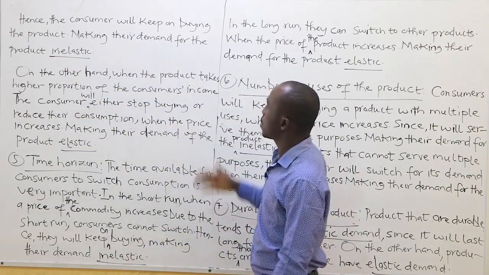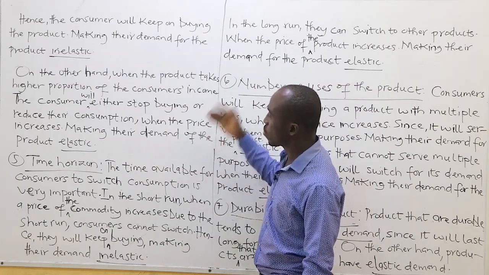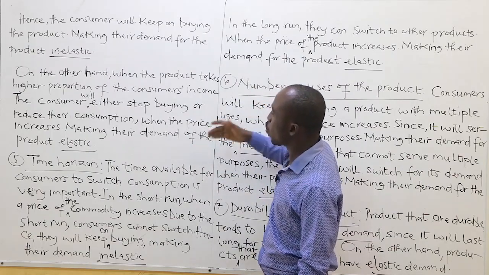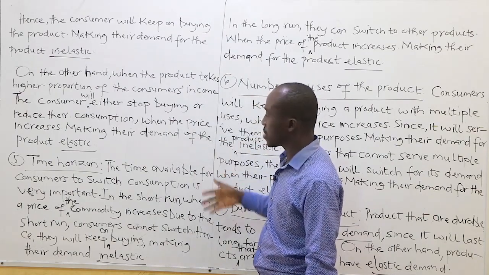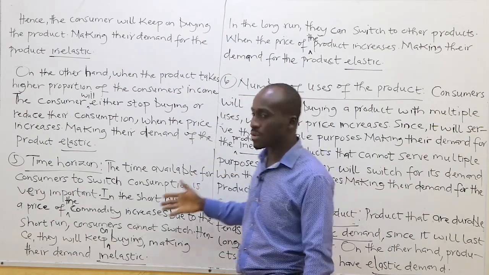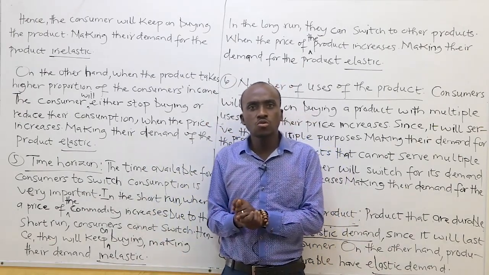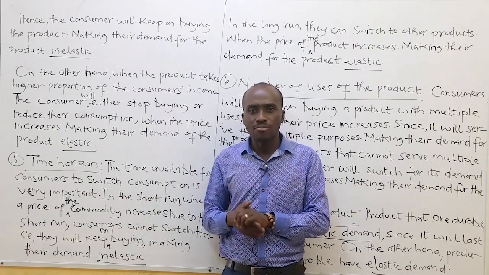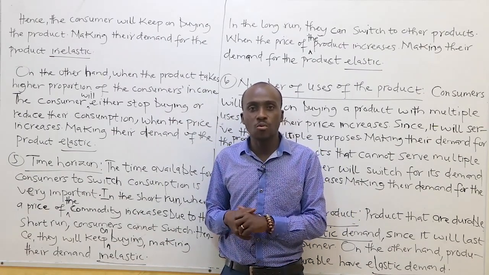On the other hand, when the product takes a higher proportion of the consumer's income, the consumer will either switch, stop buying, or reduce their consumption when the price increases, making the demand for the product elastic. If the product takes a higher chunk of your income, you earn 6,000, you're going to buy a laptop that costs 5,000. When you bought a laptop, it was 3,000. When you went, it's 4,000.